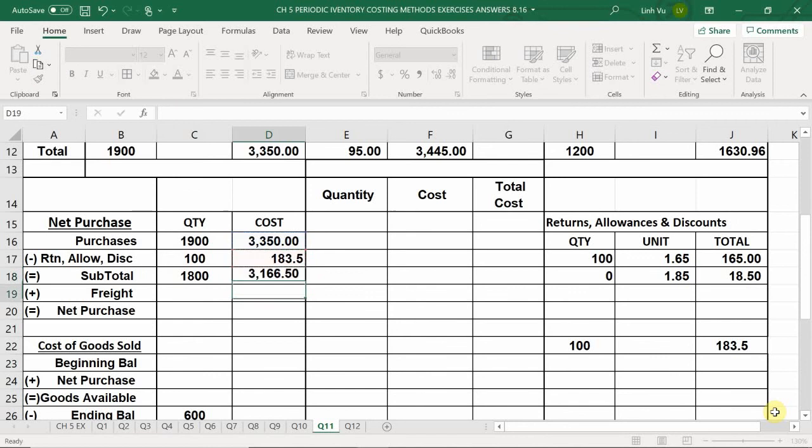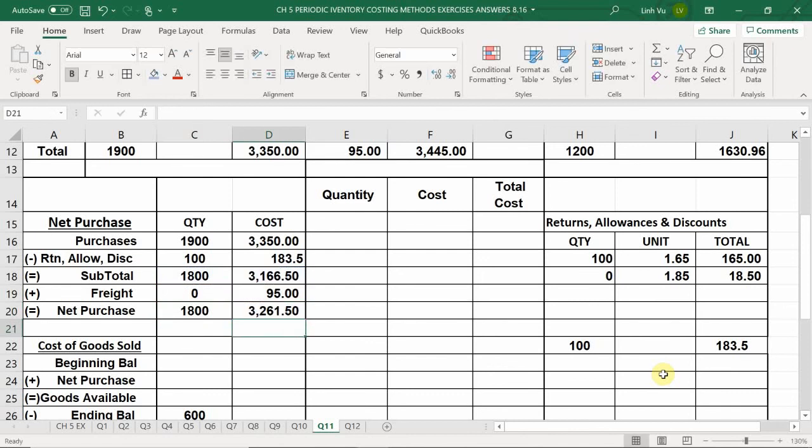Okay. At a total cost of $3,166.50. Okay. Once again, freight gives me nothing to my quantity, but I have to add $95. Okay. Bringing my total cost for 1,800 items to be a total of $3,261.50.